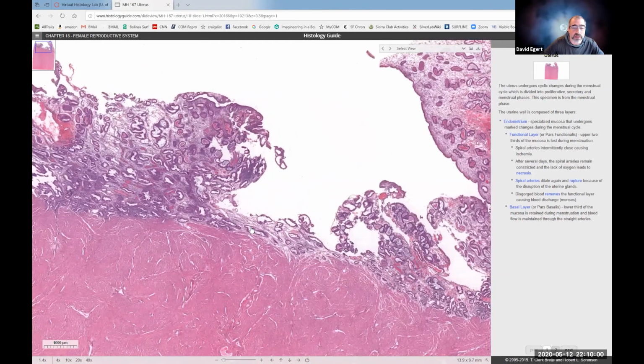So this is the menstrual phase. It used to be full of these lovely glands, and now it's a whole bunch of cells and blood that are going to start pouring out the vaginal canal, but leaving this basal layer here from which to regrow the new endometrium for the next cycle.